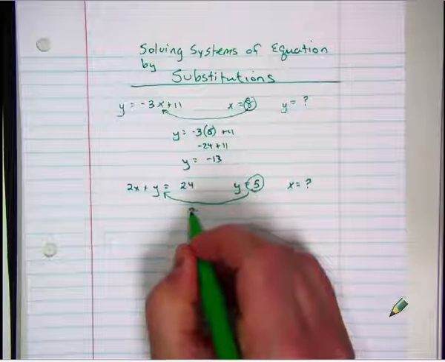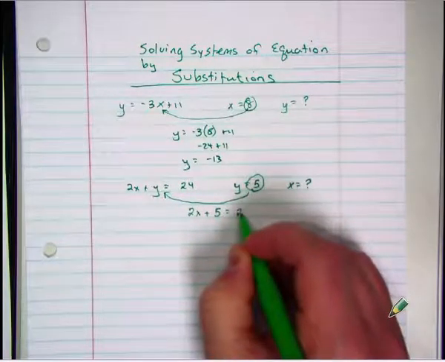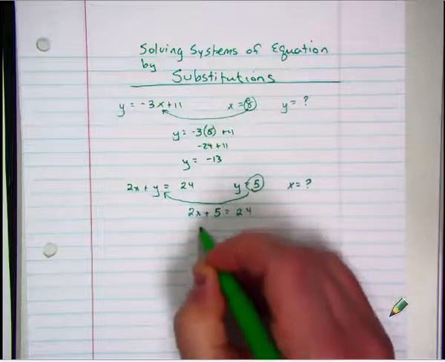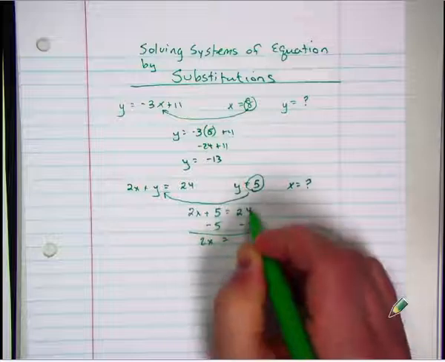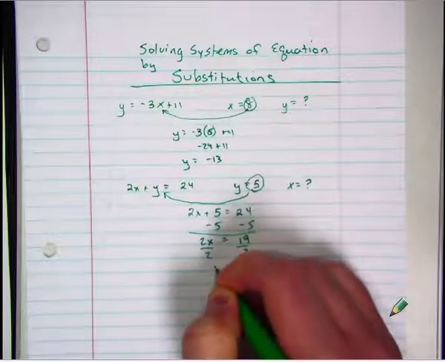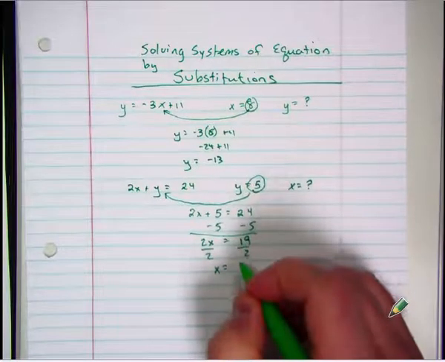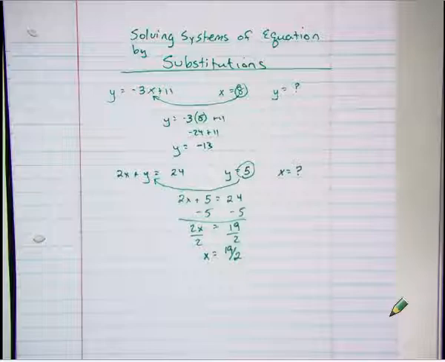So it would look like 2x plus 5 equals 24. And then we would use the Great Wall if we need to, but we would solve. So 2x is 19, divide by 2. Even though x ends up being a fraction, it doesn't change the way that we actually approached it. It's all based on the idea that substitution means replace.